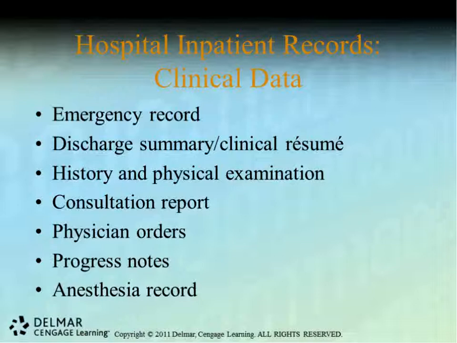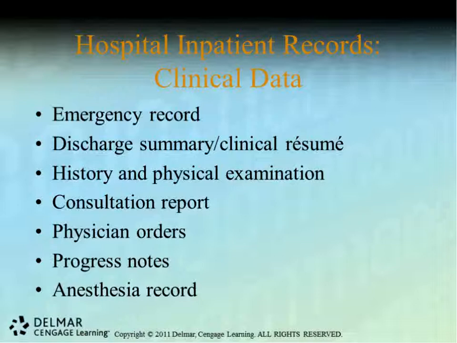Table 6.4 on page 147 gives you the descriptions of those different elements of a history that I just talked about. And if you look on page 149, figure 6.18, this is an example of a physical exam. That's the physical exam of your H&P, or history and physical. That's all the same: history and physical exam, history, physical examination.